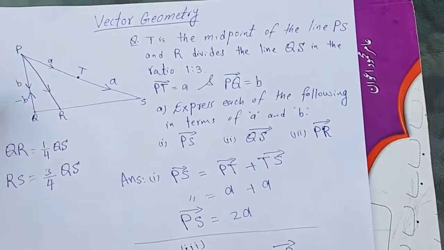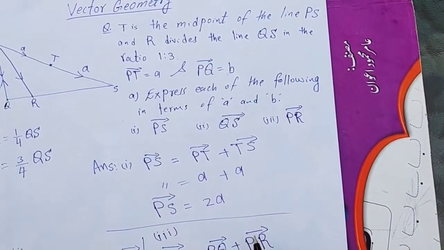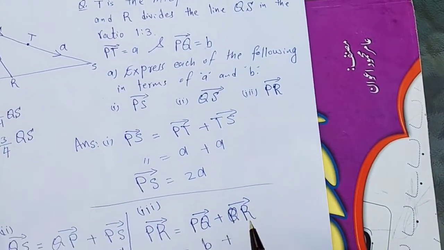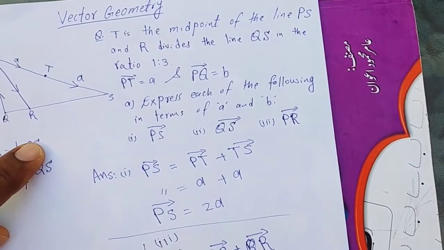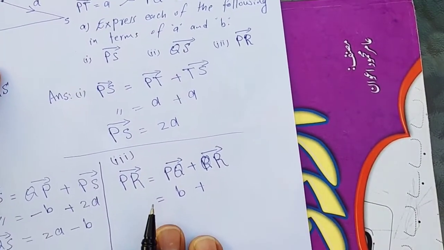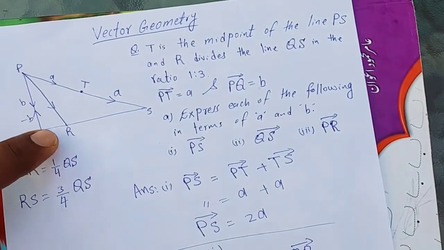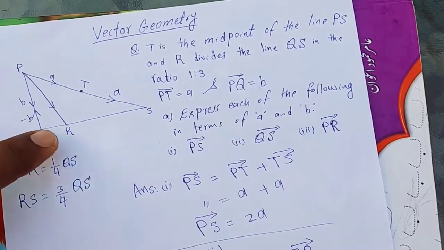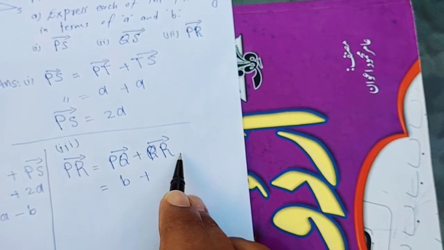And what is QR? This is QR. Because PR equals PQ plus QR.